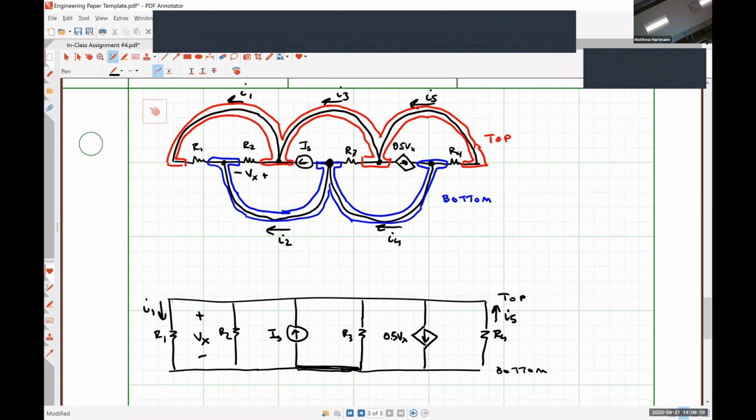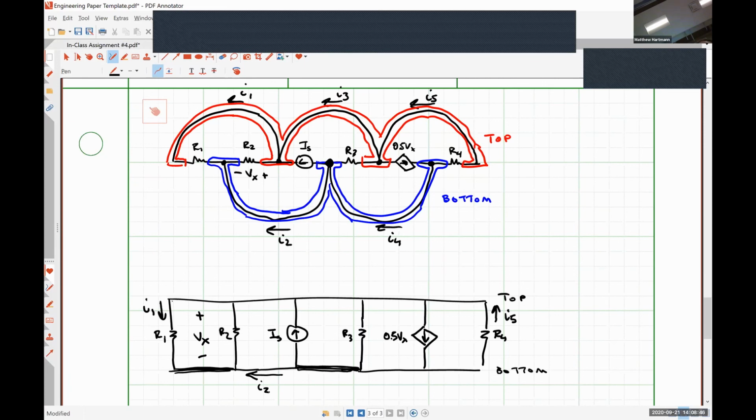And it is flowing to the node connecting resistors R1 and R2 with the negative polarity terminal of the voltage attached. So that means this guy right here. So that means that this current is I2, flowing from the tail of the current source to the bottom of the resistors R1 and R3.